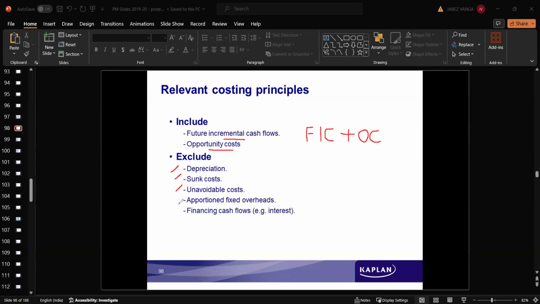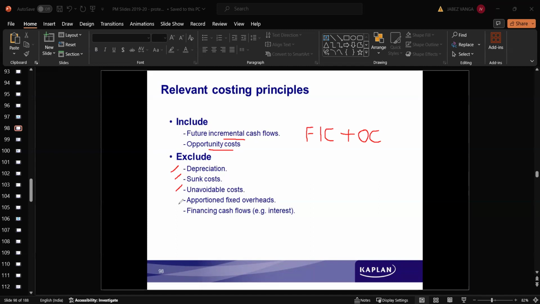There are certain costs which are incurred as common firm-based costs for the entire organization. For example, top management salaries like the managing director's salary, people at the strategic level, the directors who are there, their salaries, and some common costs incurred for the entire firm, which are allocated to different departments.